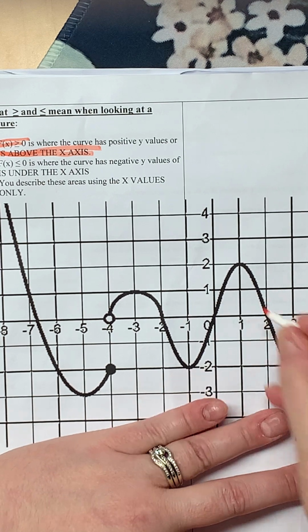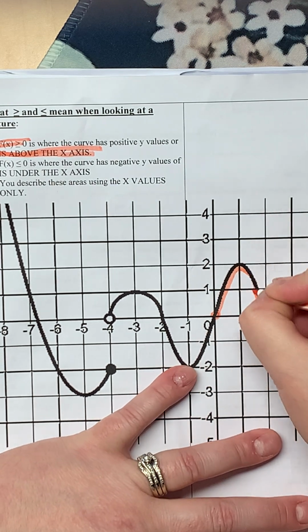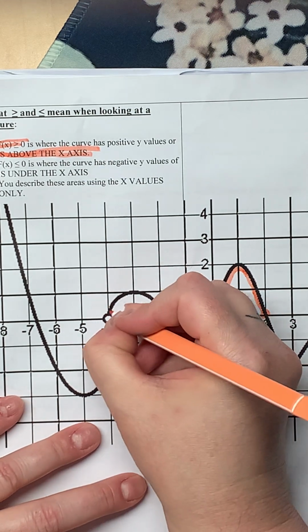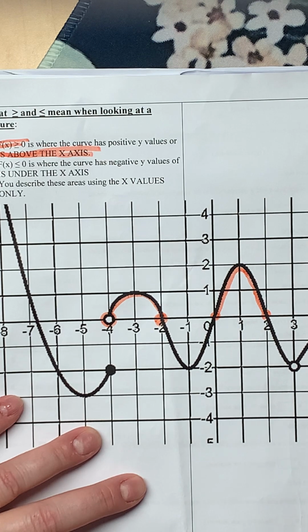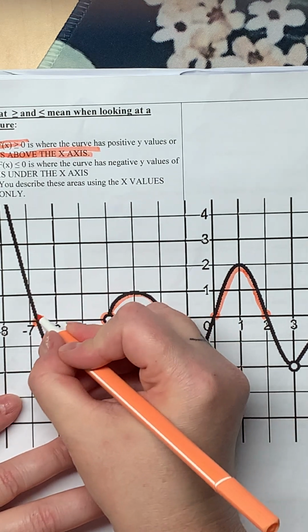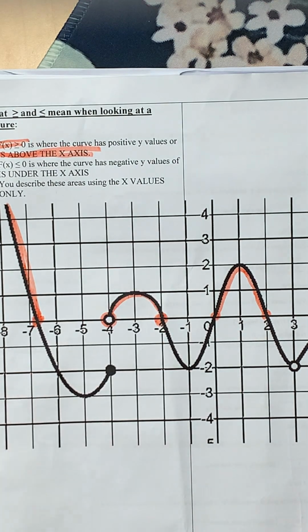So this has a positive y value. This hump in between has positive y values. This open hole with this tiny little hump over here. And then halfway in between this curve and all the way up. So these are when f of x is bigger than or equal to 0.